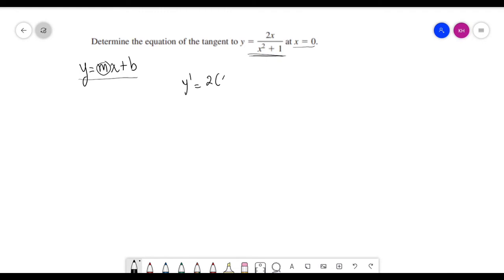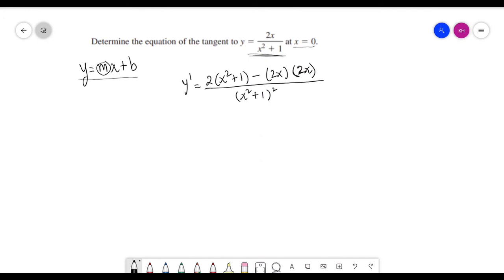The bottom stays the same, x squared plus 1, minus derivative of the bottom, which is 2x, and the top stays the same, divided by the bottom whole square, so x squared plus 1 whole square.